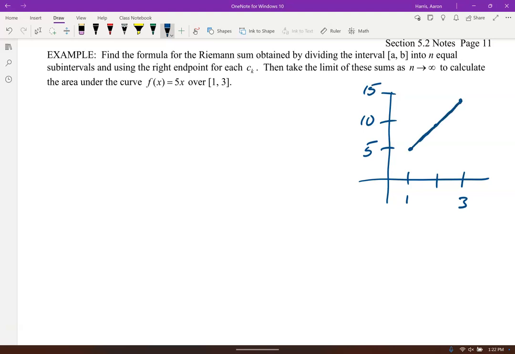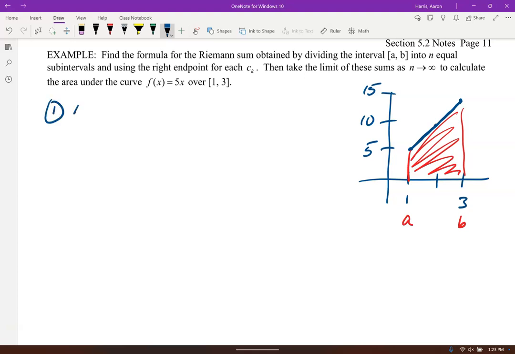I'm just showing part of the line, of course, because I'm trying to figure out this area from A to B, right, from 1 to 3. What's this area under the curve here? Of course, it is a geometric shape, so we'll talk about doing it that way. But let's go through it with the calculus first.